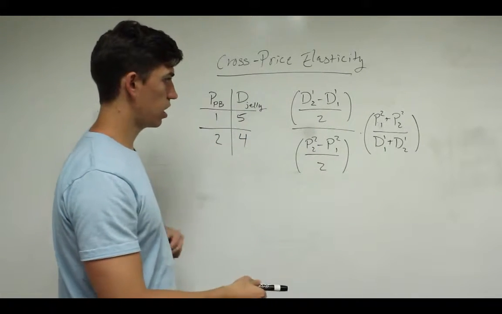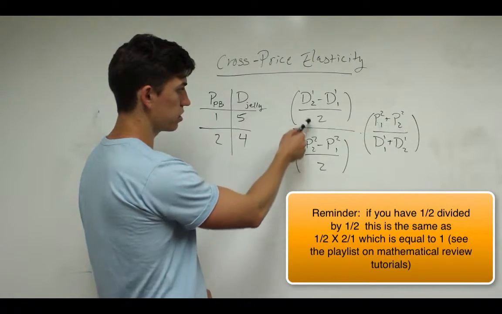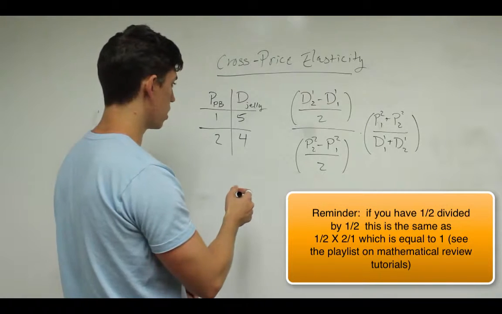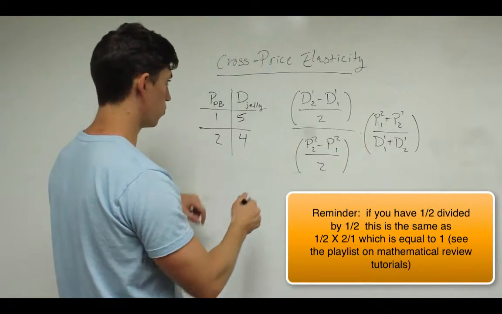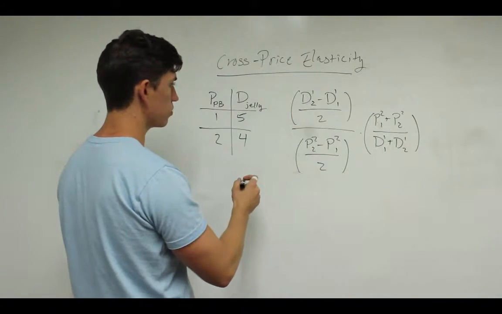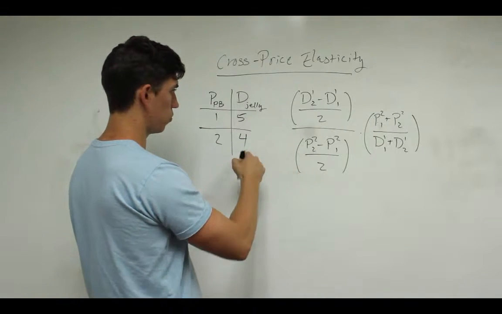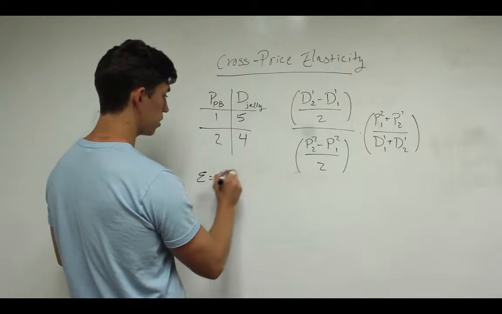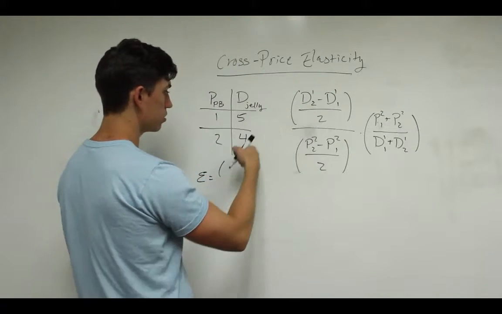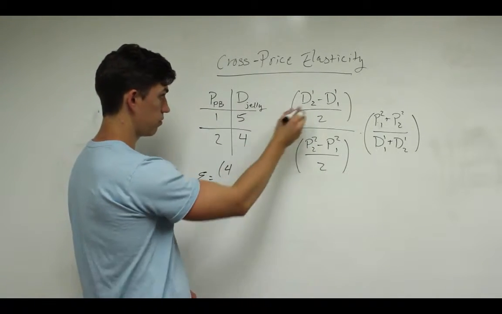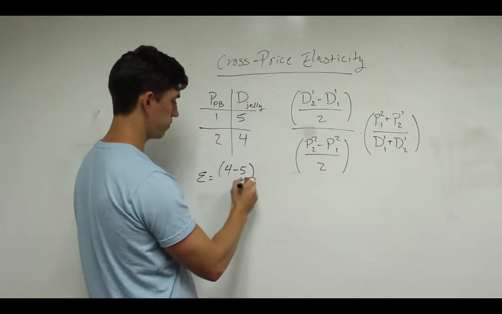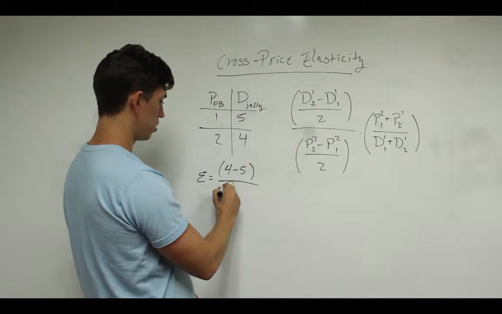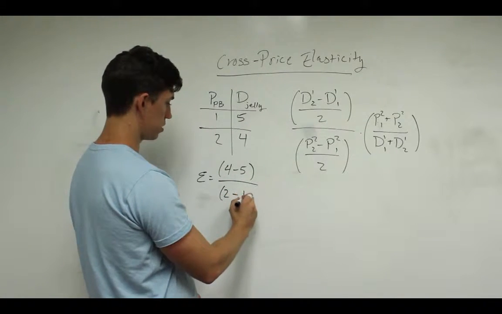Okay, so the first thing to simplify calculations, these 1/2s are going to cancel because you multiplied 1/2 on the top and bottom, so they cancel. So what we're really going to calculate is d2 minus d1. So I'll call this elasticity. That's going to be d2, this 4, minus d1, which is 5, divided by the price of good 2, which is peanut butter, which is 2 minus 1.